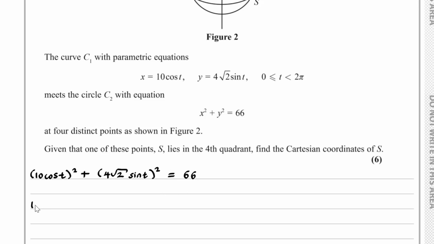So we have 100 cos squared t plus 32 sine squared t equals 66.